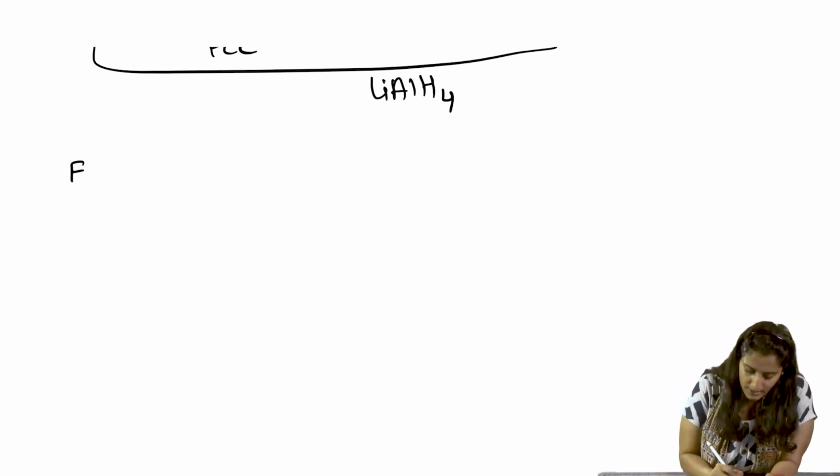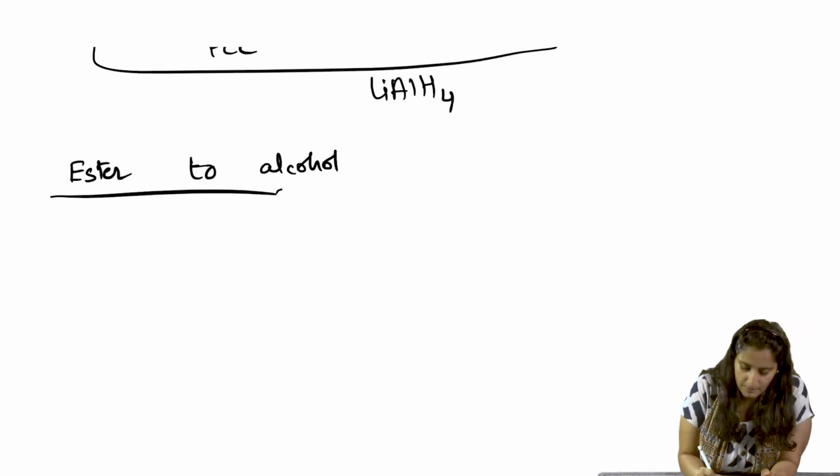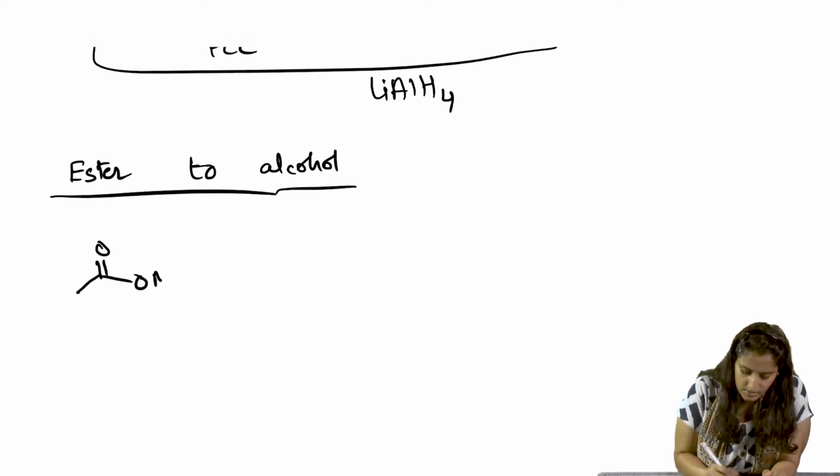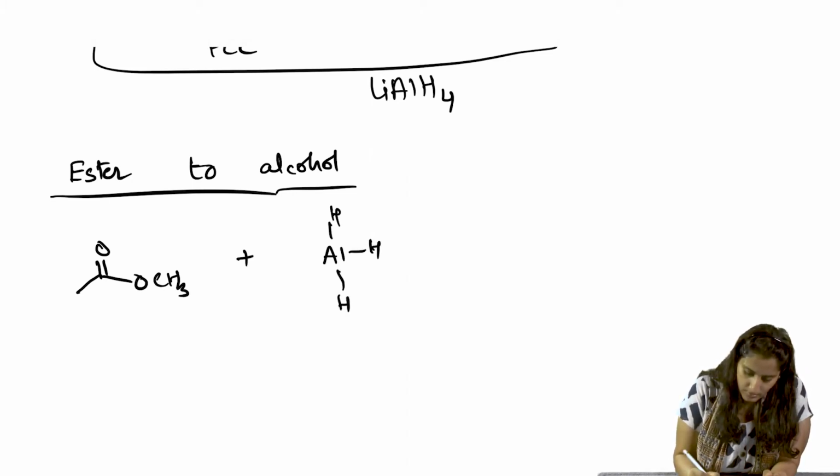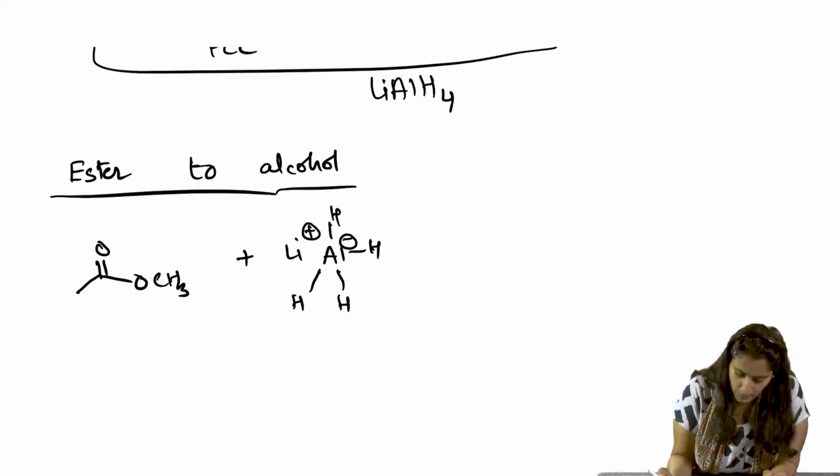So, let us start with an ester. So, converting an ester to an alcohol. Okay. So, we are going to start with an ester, and I am going to react it with lithium aluminum hydride.